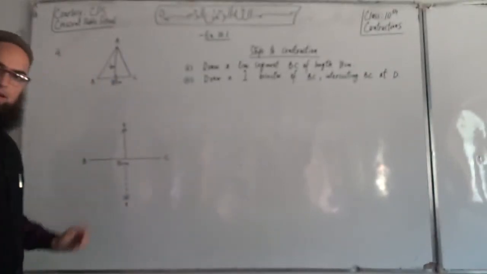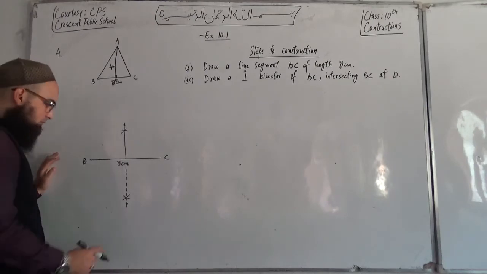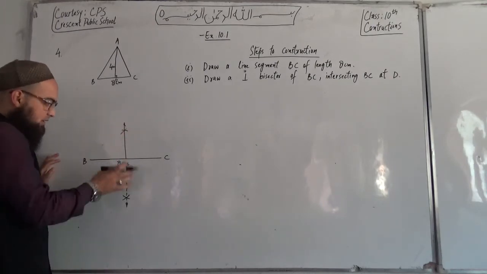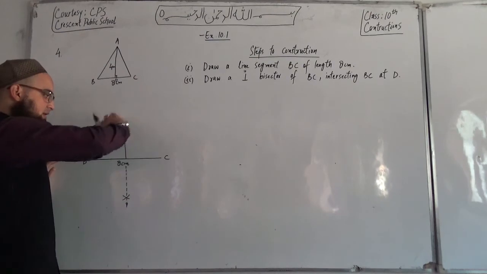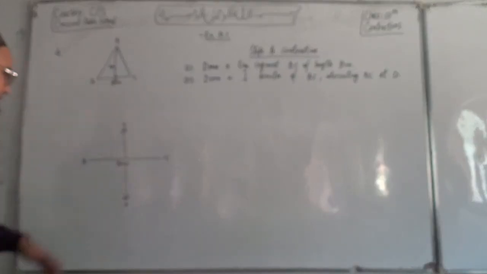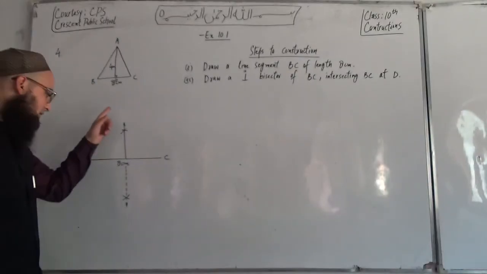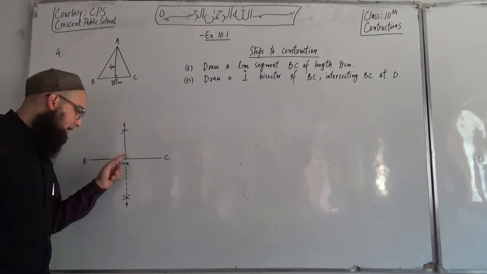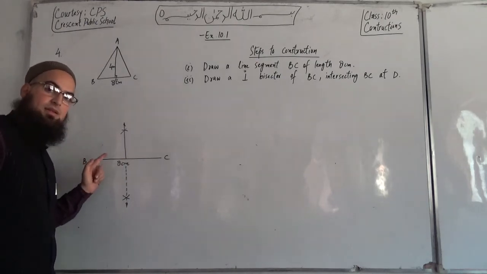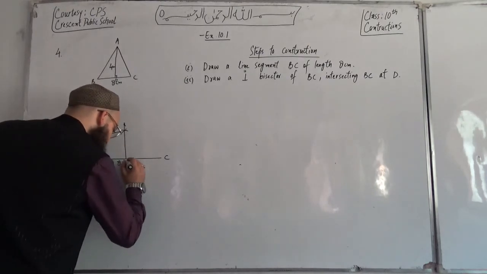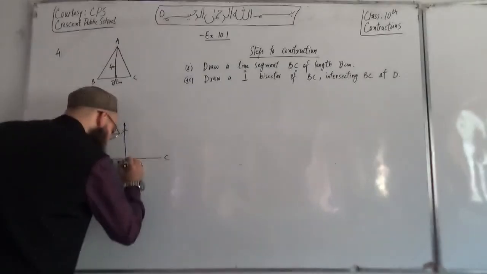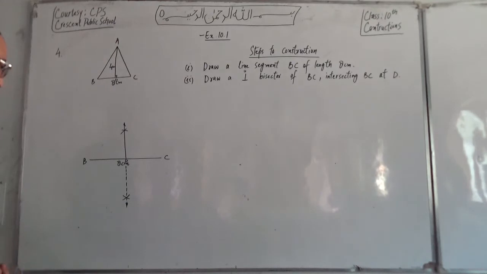Perpendicular bisector looks like something like this, with B as center, radius here, arc here, then with C as center, intersect the previous arcs, then join this and this, you'll get. So this line is perpendicular to BC as well as bisector of BC. Let's name this point as D. You got it?